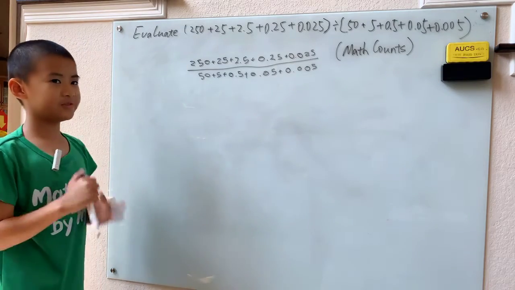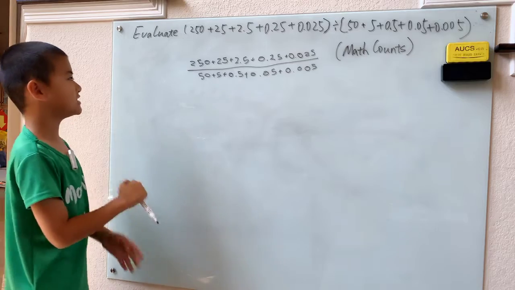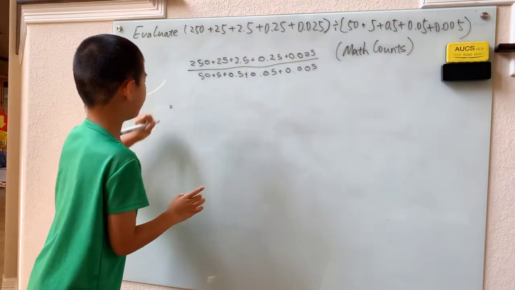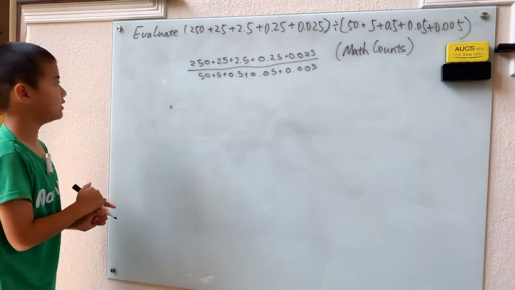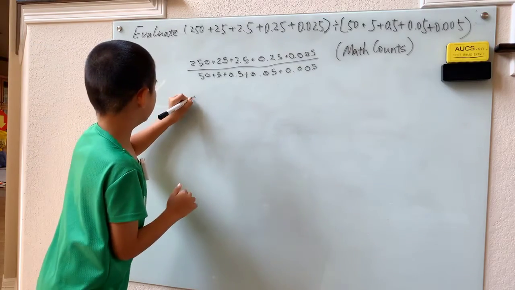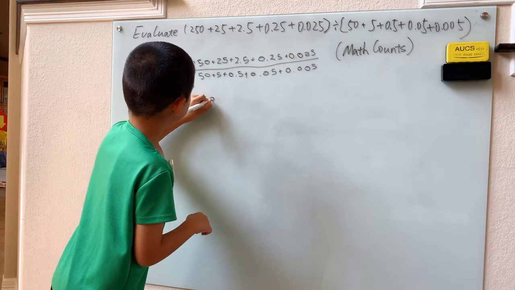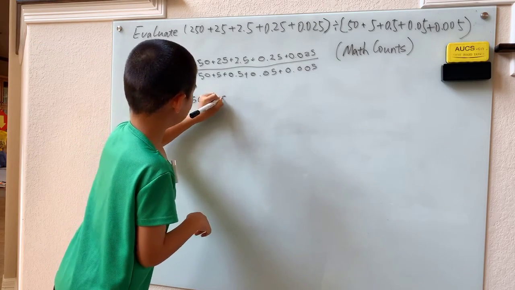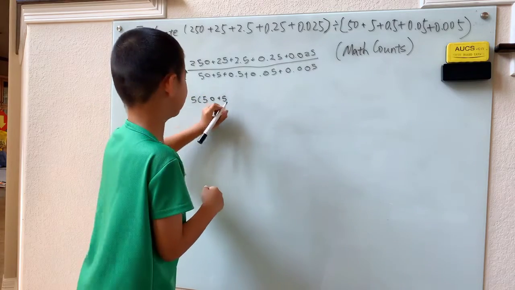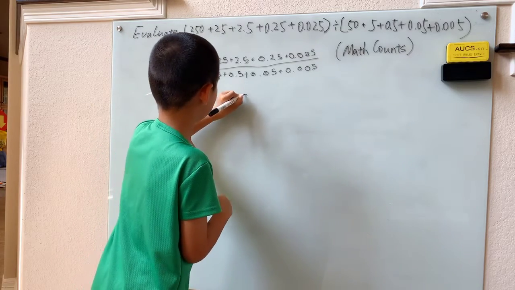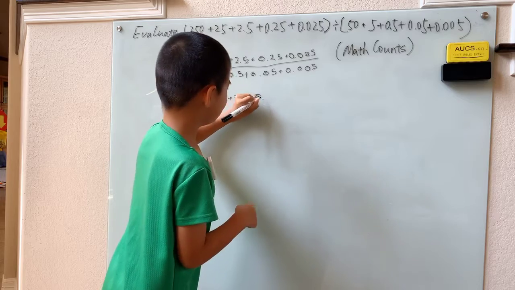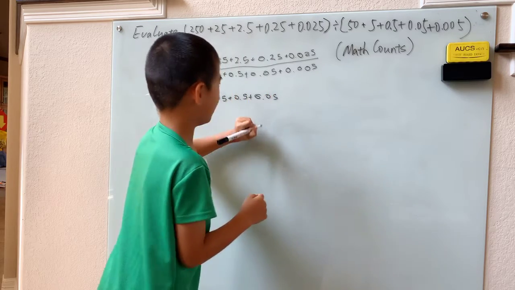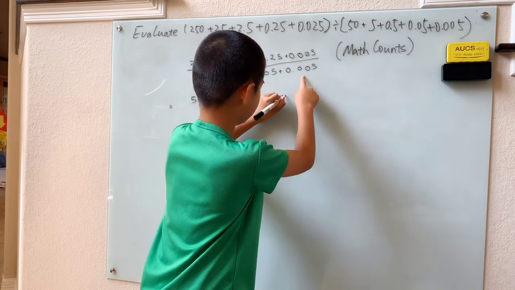After we factor a 5 out of the top, I'll get 5 times 50 plus 5 plus 0.5 plus 0.05 plus 0.005. I think you see where this is going.